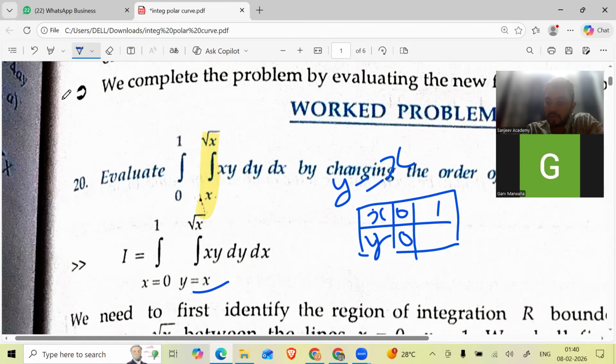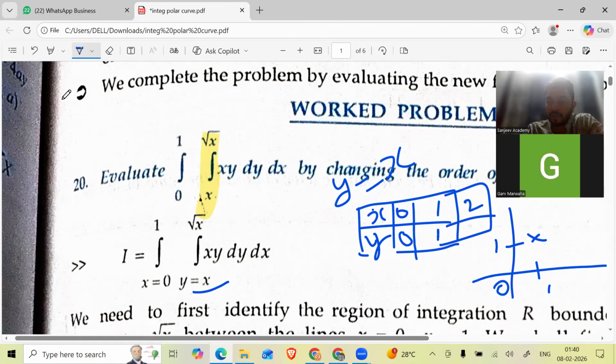If x is equal to 1, y is 1. Then draw the graph. Origin is 0. The first point is here, 1, 1. Then one more, 2, comma 2. So I'll get a straight line. So y is equal to x is a straight line.